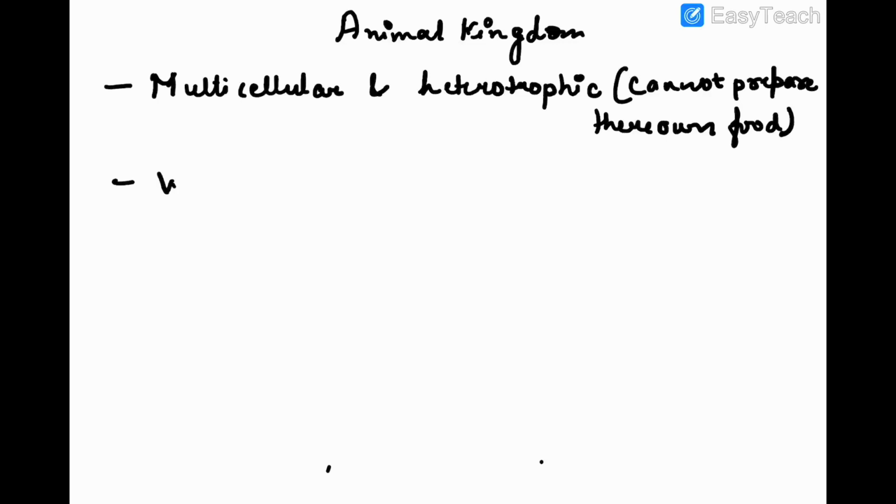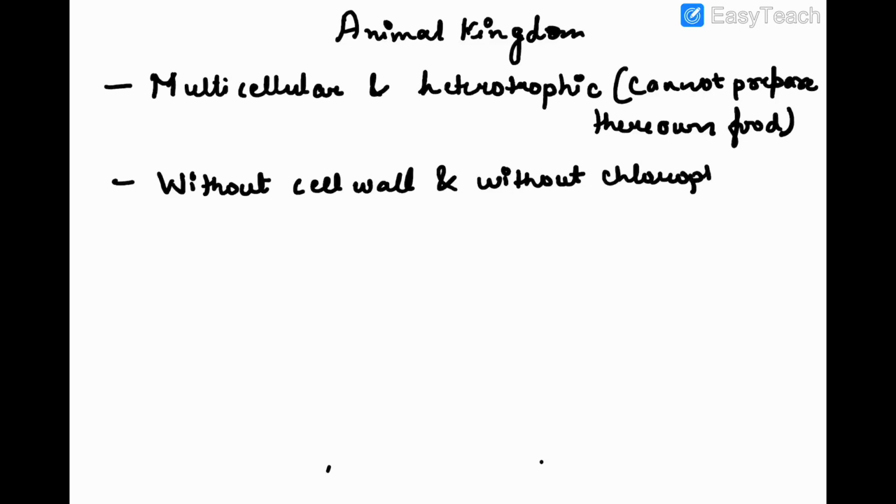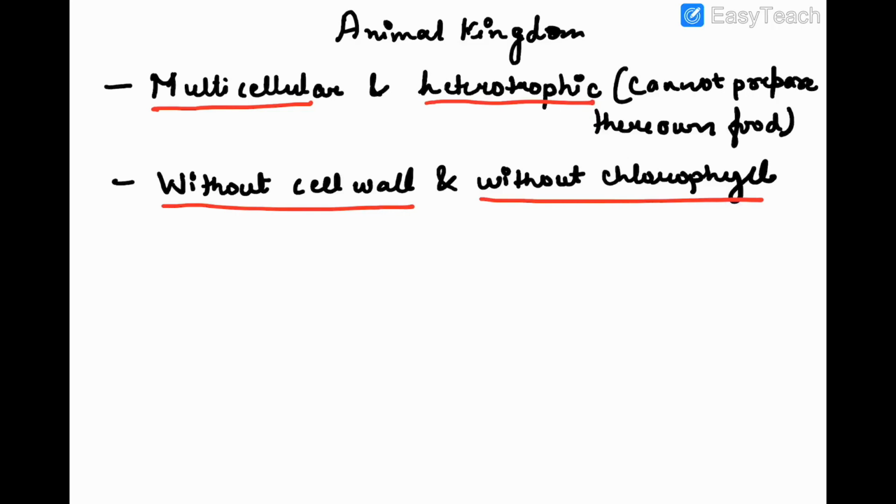Animals are without cell wall and they are without chlorophyll. So animals are multicellular, they are heterotrophic, they are without any cell wall and they are without any chlorophyll.